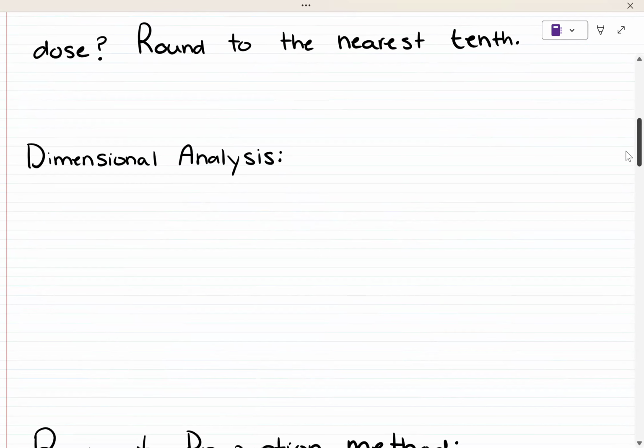Our final units have to be in milliliters. The first thing I would do is start with the order. You probably know this already, but just a little refresher: when we're dealing with the dimensional analysis method, we always start with what we have. Then always check if we have to do a one or two step conversion.